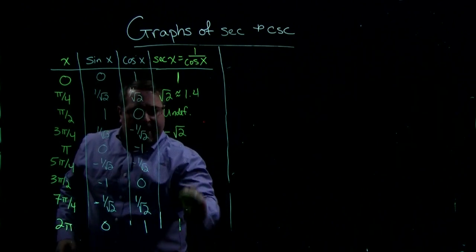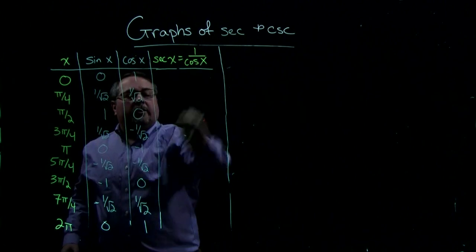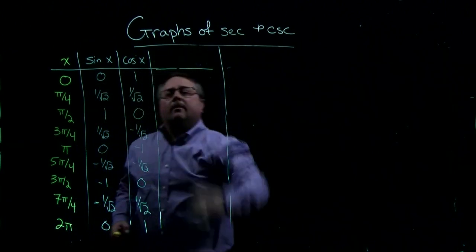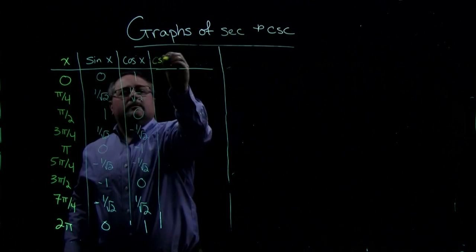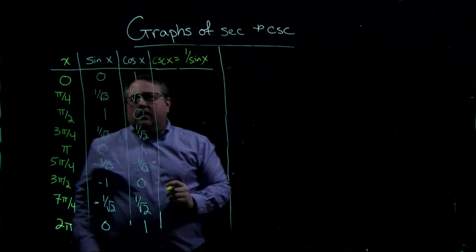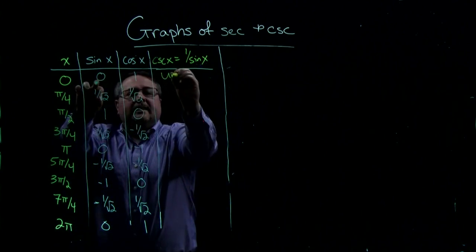So now if we look at the graph of the cosecant, we want to ignore the cosine column and only look at the sine column. Okay, so now when x is 0, sine is 0, cosecant is undefined.